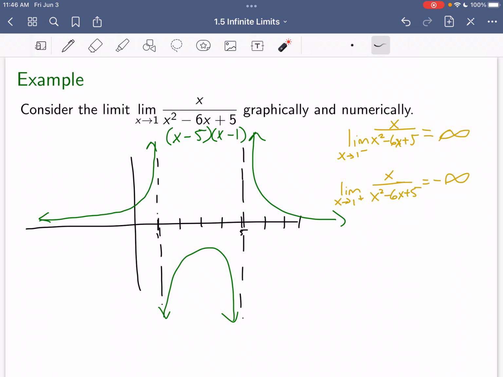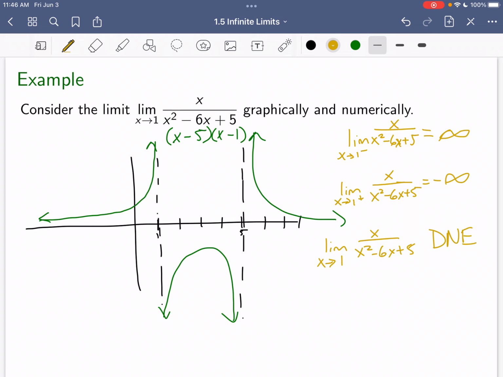The closer we get to 1, the more large negative value we have if we are just to the right of 1. So the limit as x approaches 1, we would say that limit does not exist. DNE, does not exist.